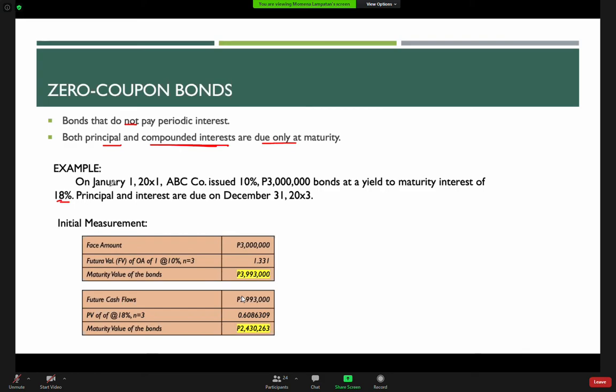Okay, so the principal and the interest will be paid on maturity date. So we have to identify first, present value dapat ito. PV. Okay, so we have to identify first yung future value. Ano yung magiging total amount of liability natin on the maturity date. So, gawa tayo ng timeline.